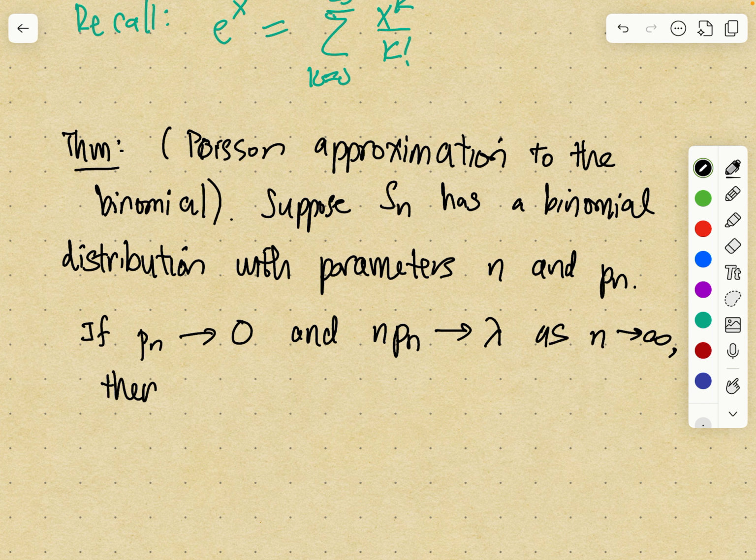Then the probability that S sub n is equal to k, as n goes to infinity, approaches e to the minus lambda times lambda to the k over k factorial, which is a Poisson distribution.